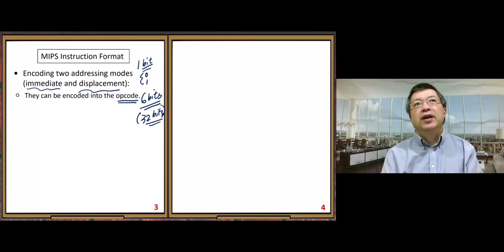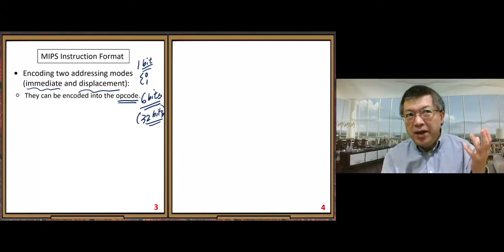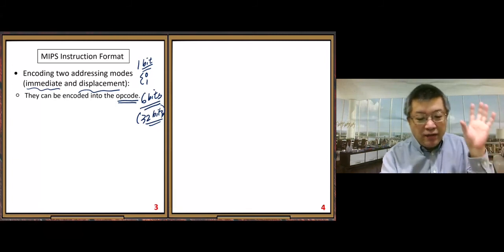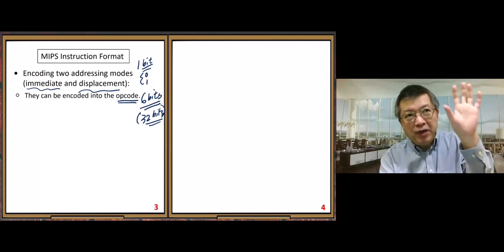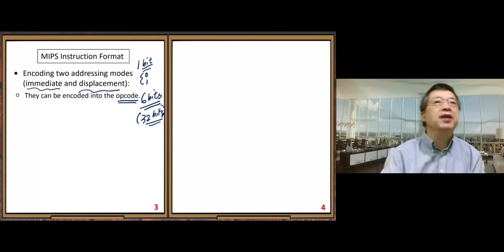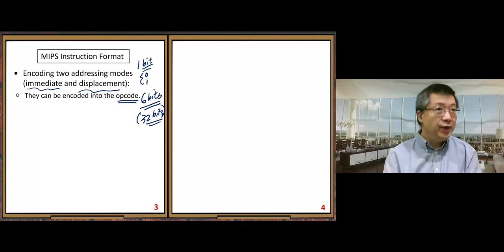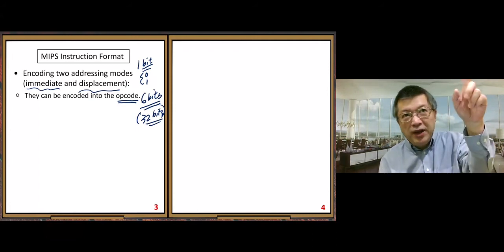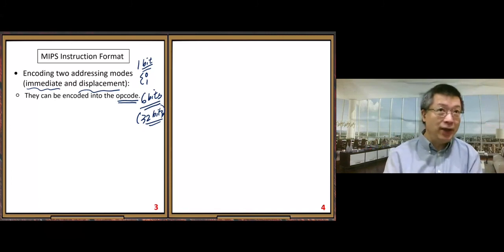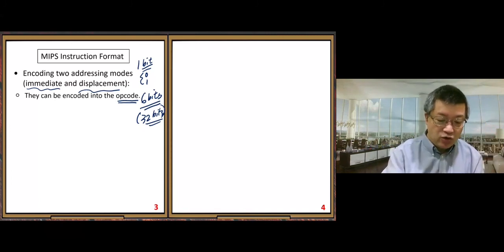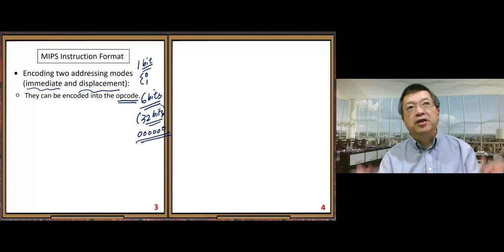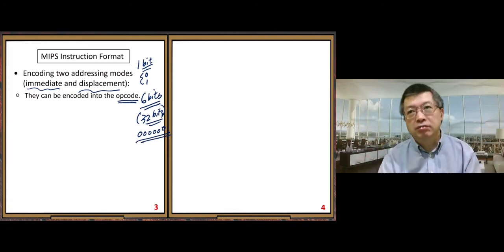Because for a certain type, that many different operations we want to represent, so 100 something. Actually 127, not 128. Why? Because the first one, 0, 0, 0, 0, 0, 0, does not represent any operation.